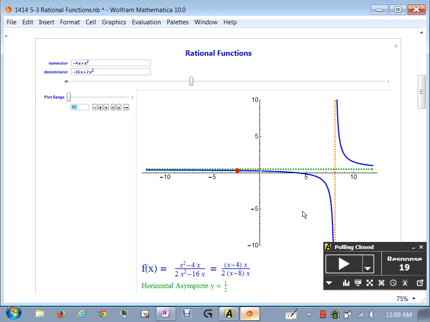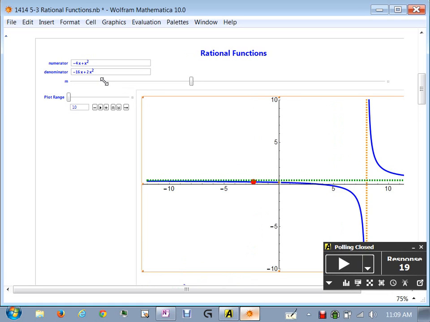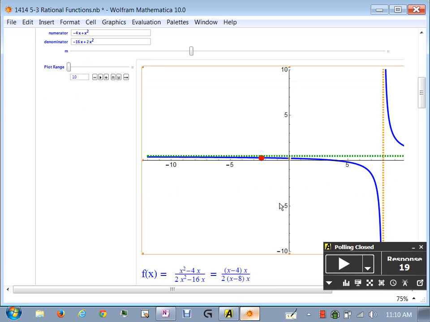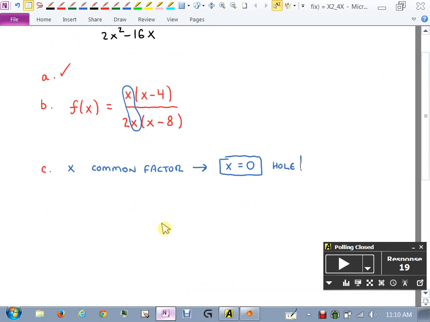And notice, it's hard to see it, but right here, there's like a little orange dot there. The blue looks like it breaks apart there. That's my way of representing a hole. Now, we're going to do it a little different when we graph it by hand. We're going to really make sure everyone knows there's a hole there. So that's what the step that we just did, part C, is going to give us. It's representing that hole. Any questions? When x equals 0. When x equals 0. So, yes. Uh-oh.